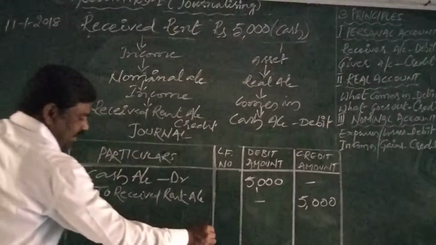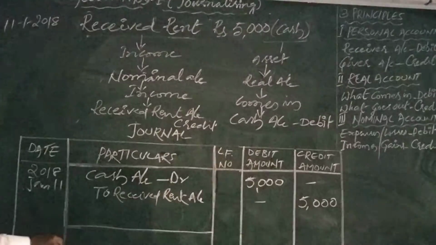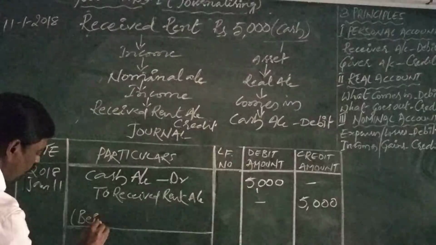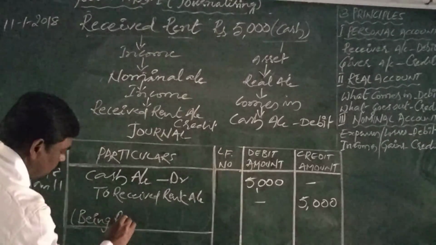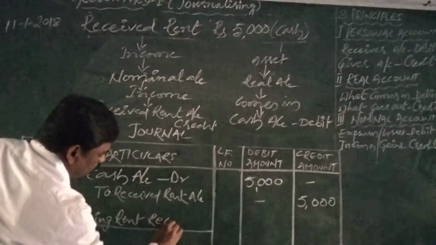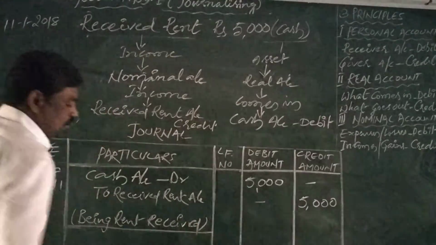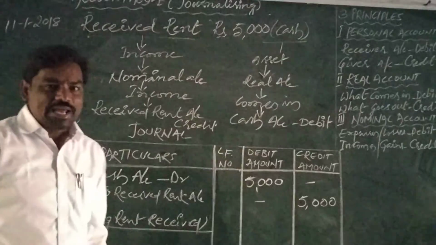And after that, you write the narration. What is the narration here? Being rent received. In this way, you can write the narration.